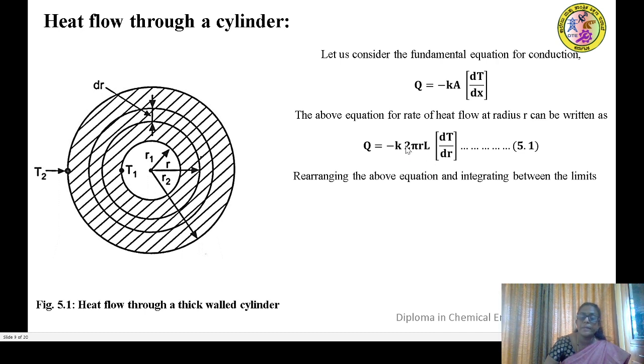So K 2 pi L divided by Q, being constants, can be taken out from the integration sign. The limits of integration are: when r equals R1, T equals T1, and when r equals R2, T equals T2.